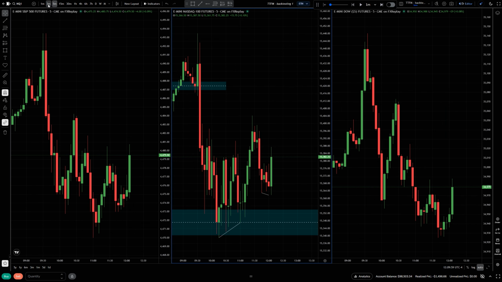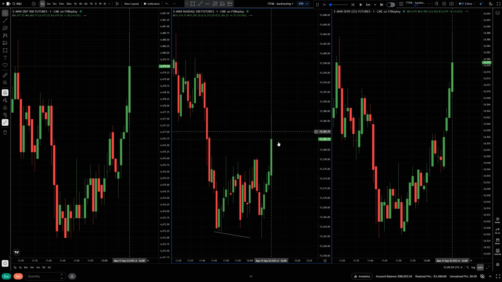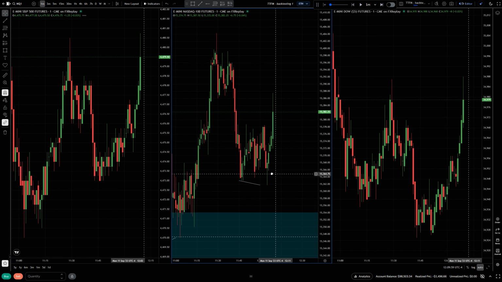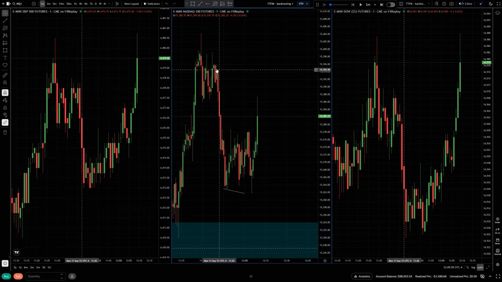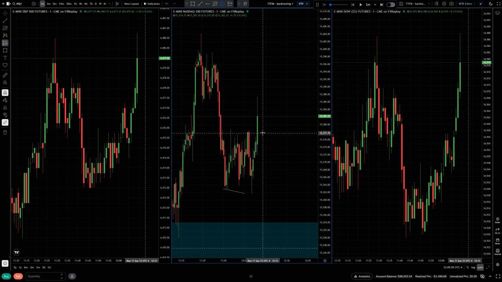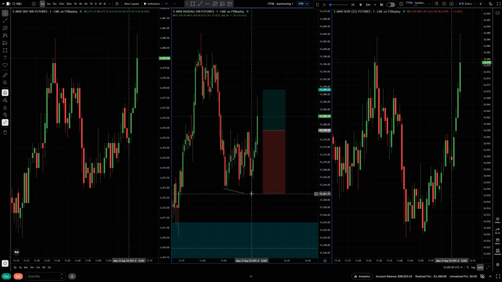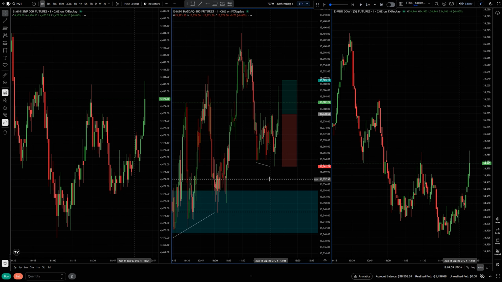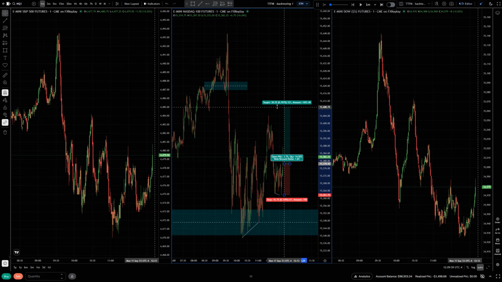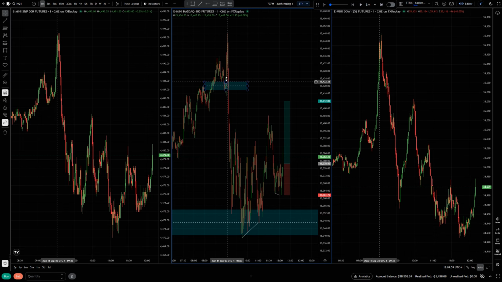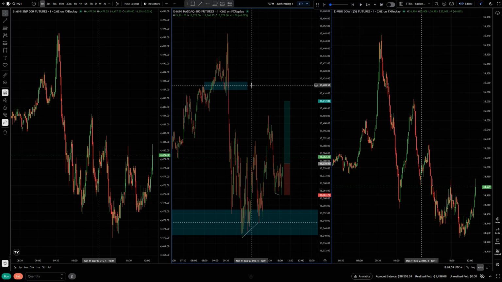So ideally, I would want to take this trade on NQ to the upside. So I will put a limit here with my stop on this low and look to trade for a 2R into this 930 created order block.